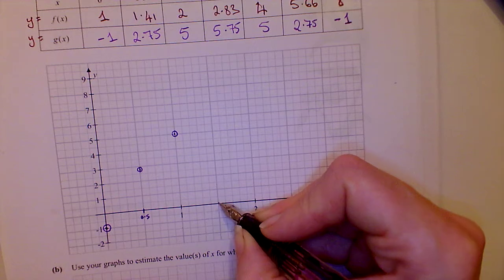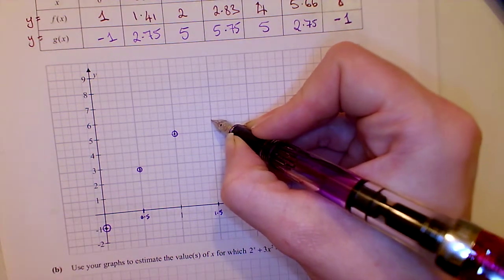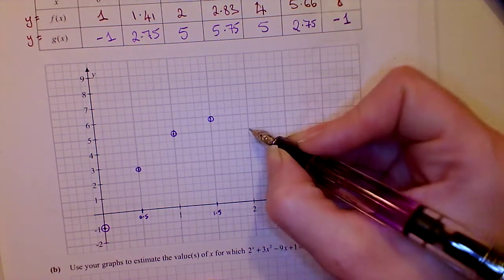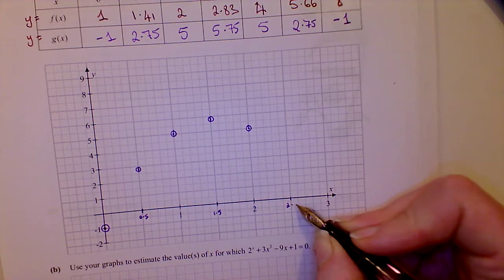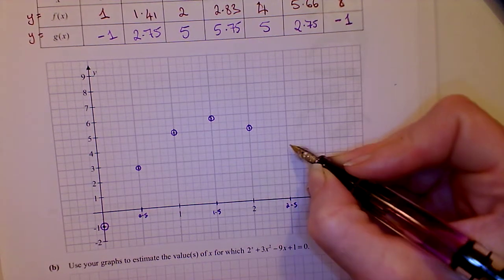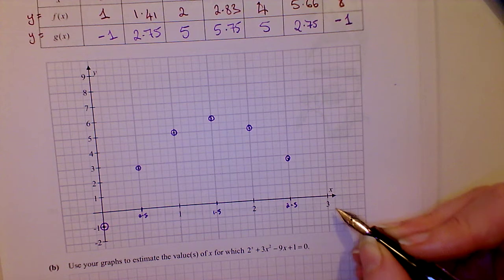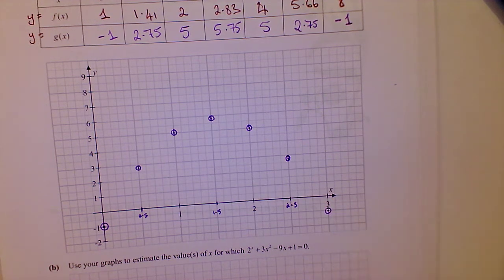When x is 1.5, y is 5.75. When x is 2, y is 5. When x is 2.5, y is 2.75. So we have our symmetry. And when x is 3, we're back down to -1 again.